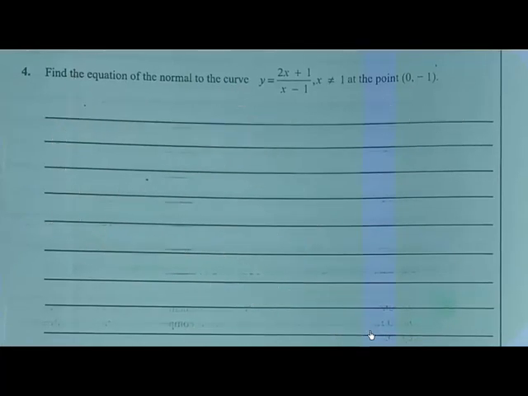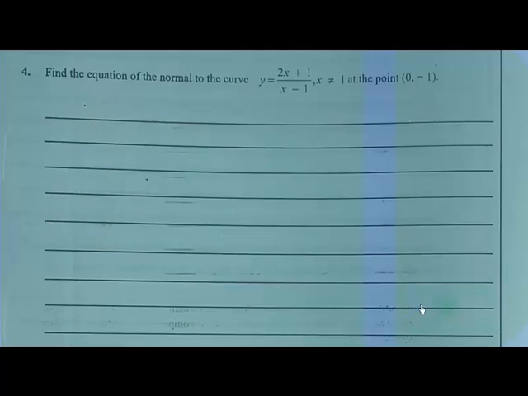So now that we found the gradient to be -3, we can find the equation of the normal. So the gradient of the tangent is the -3 that we had here. So recall that we can call that m1, where m1 times m2 should give us -1, because the tangent and the normal are perpendicular.